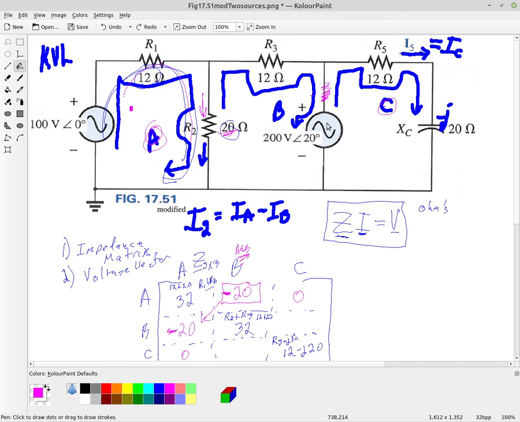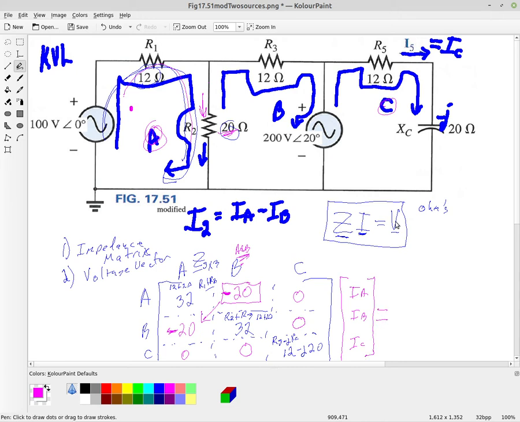They do share the supply voltage, but they do not share any impedances. And this is the impedance matrix, so those are simply 0. All right, so that is my impedance matrix. All right, and that's multiplied times the currents. And so that's going to be the current IA and the current IB and the current IC. Okay, which we don't know. That's what we're trying to find out.